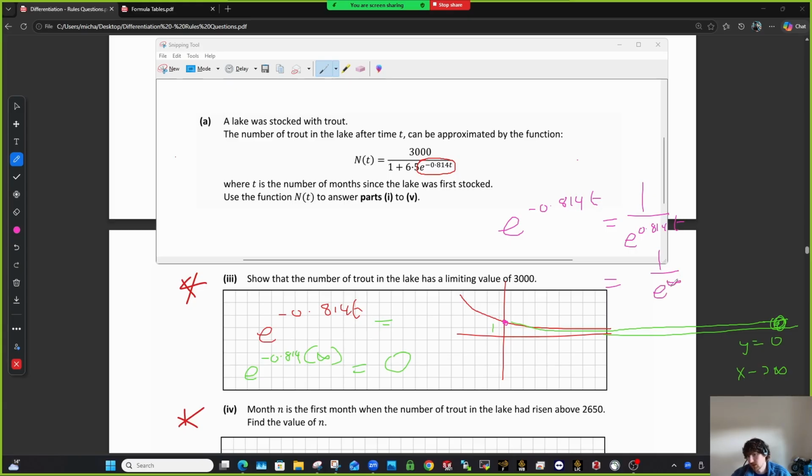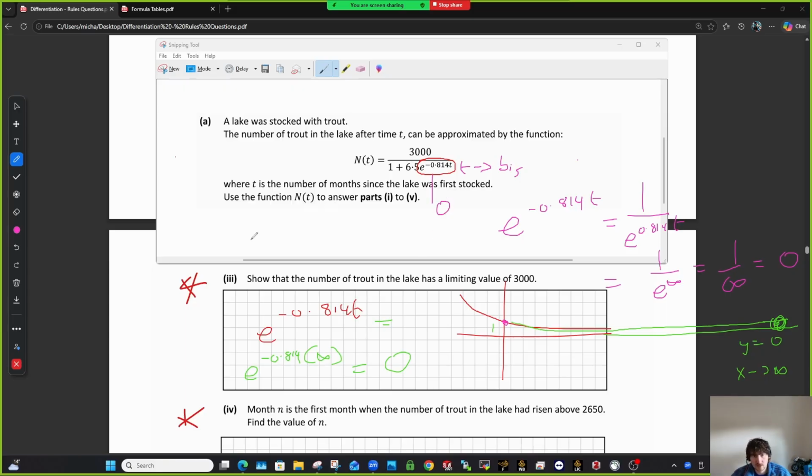Anything to the power of plus infinity becomes infinity, and 1 over infinity, as we covered in the previous video, is 0. So that's why this gives a value of 0. If this was my workings, I'd get full marks, because I'm showing that as t goes to being big, this thing goes to being 0.